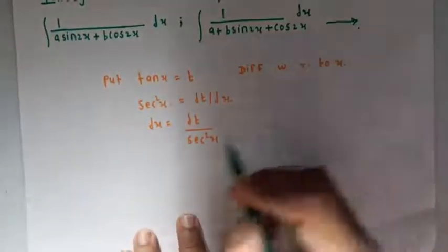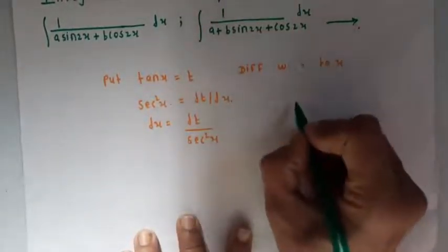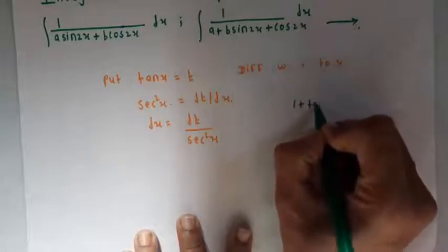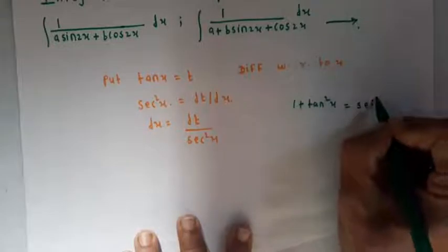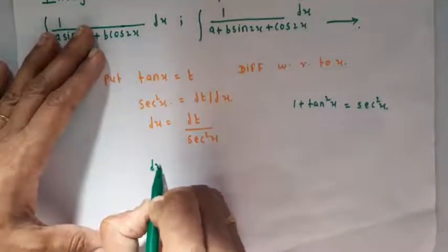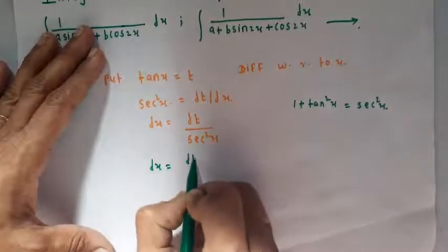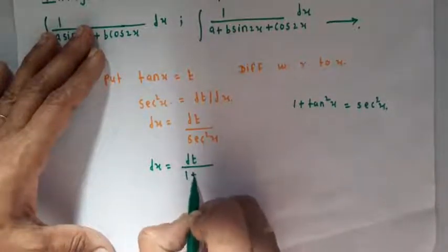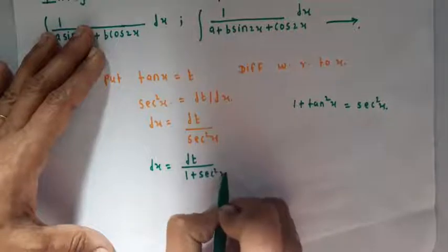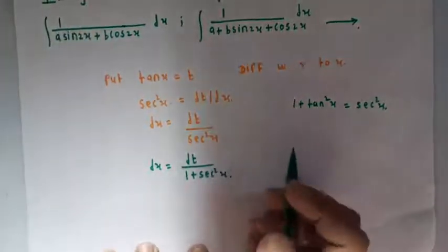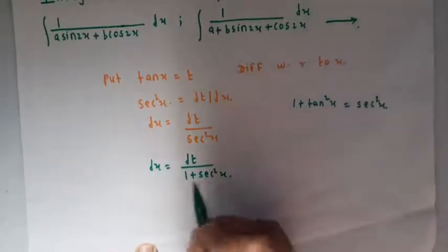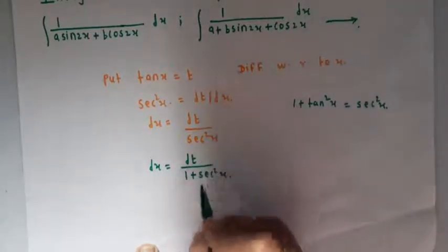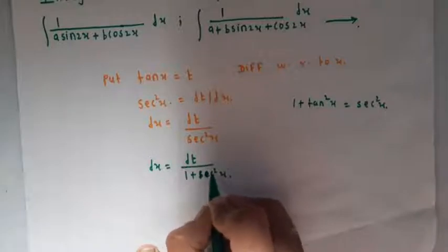But students, we know the formula 1 plus tan square x equal to sec square x. So here put the value of sec square x, that is 1 plus tan square x.